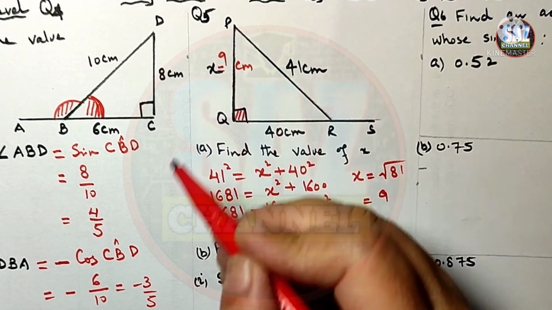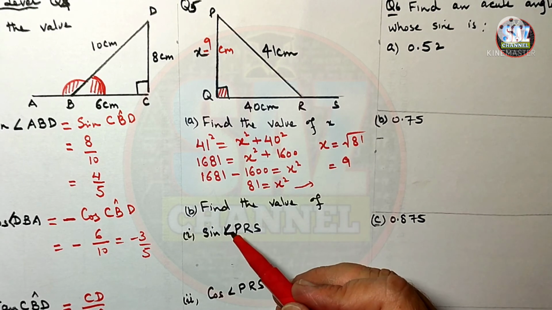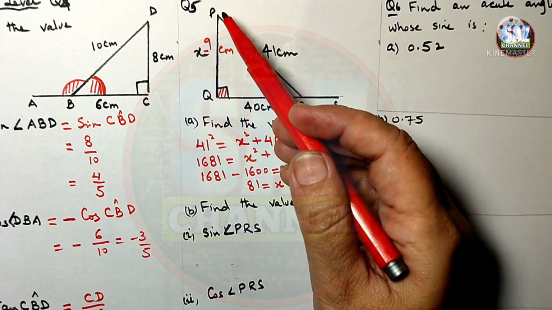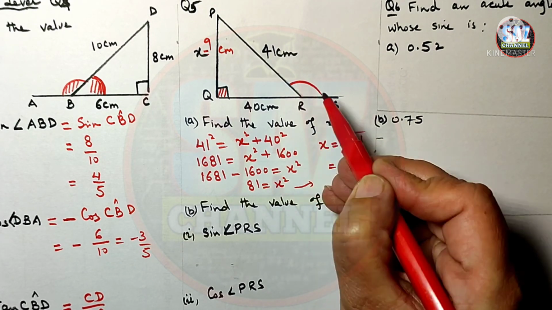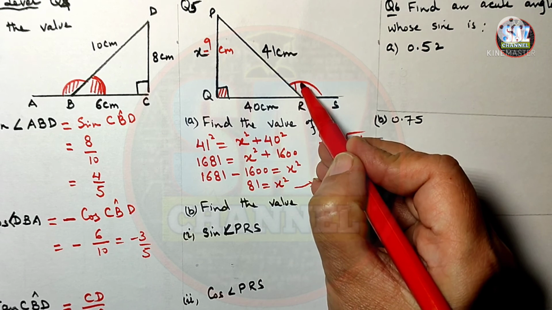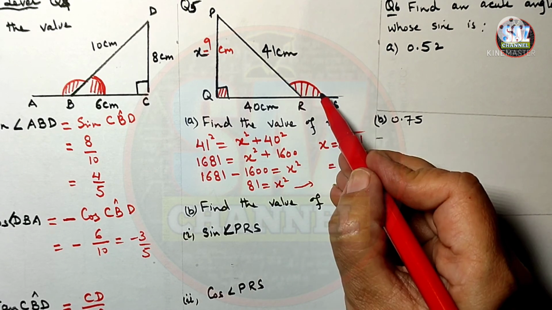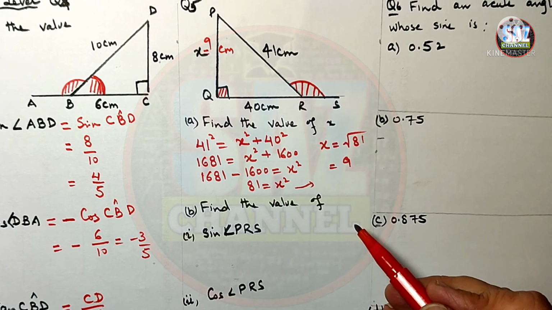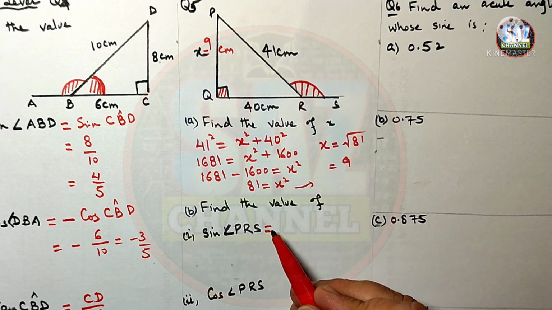Now, moving to the second part, that we have to find sine PRS. Look at the diagram. Focus your attention that this is the trigonometric ratio sine of the obtuse angle, and recall my previous lesson, the relationship between the sine of acute angle and sine of obtuse angle.